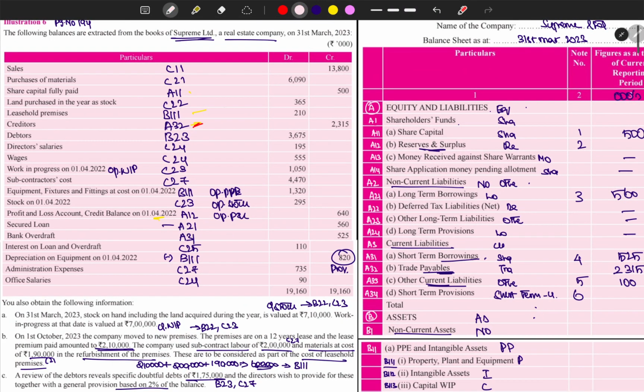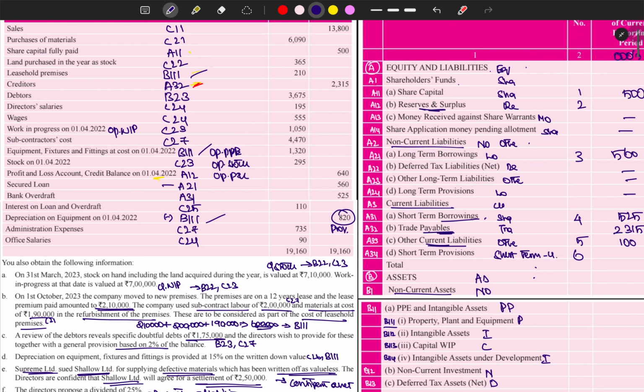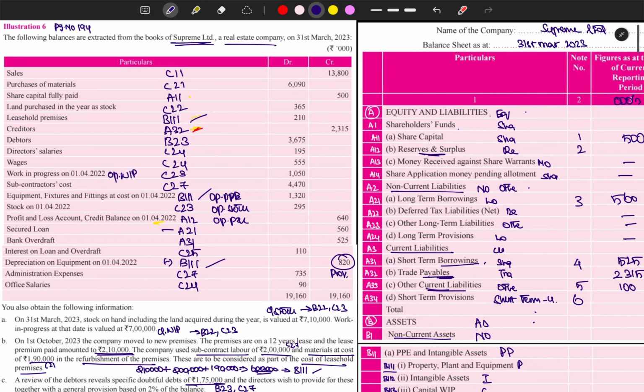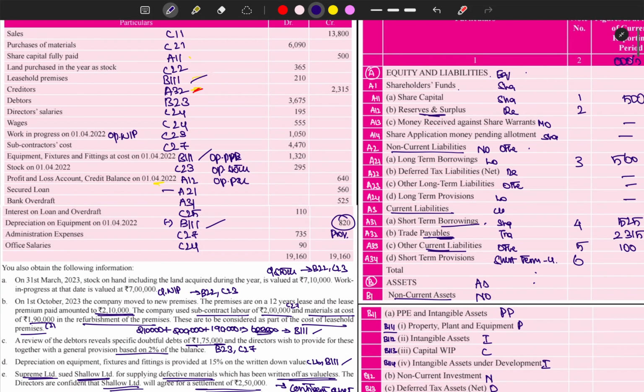B111 is here. See, B111, B111, B111. So there are a lot of B111. One by one we'll fill the values. Leasehold premises, which is 2,10,000, right? So this is the leasehold premises, which is 2,10,000.